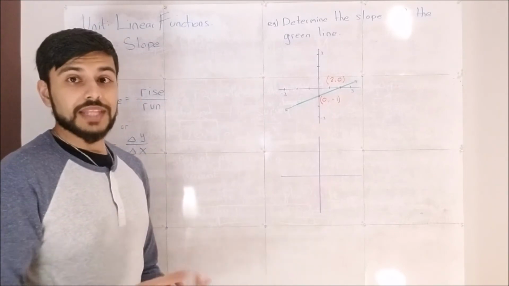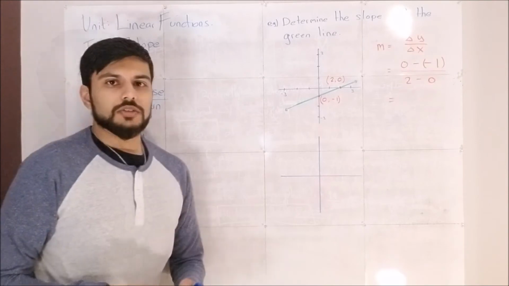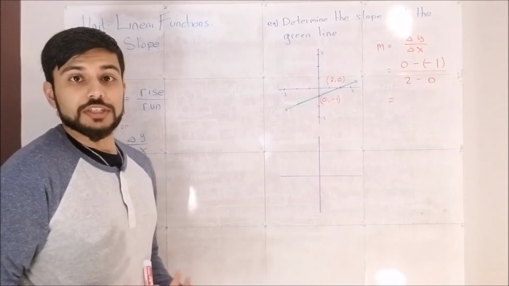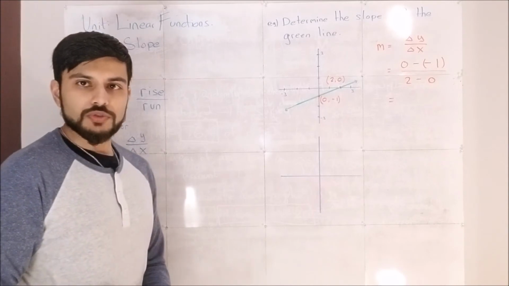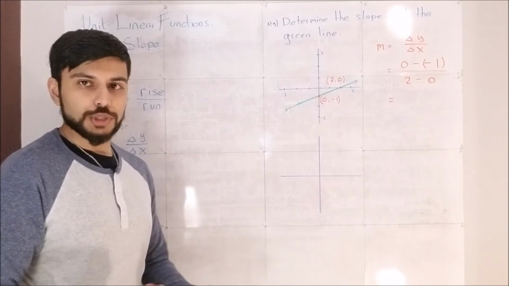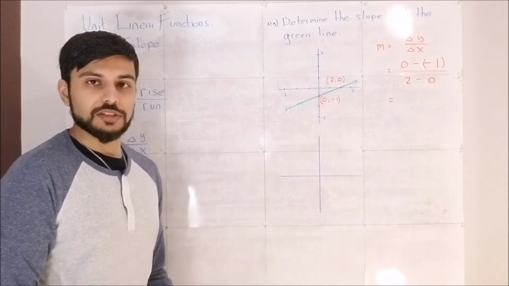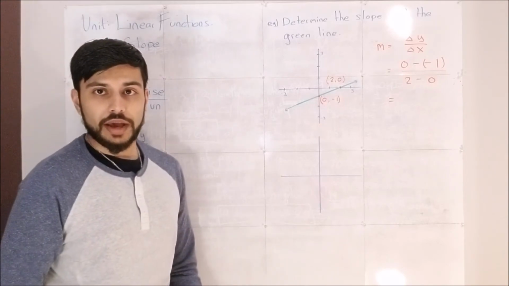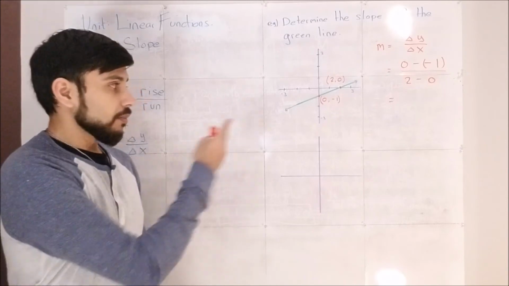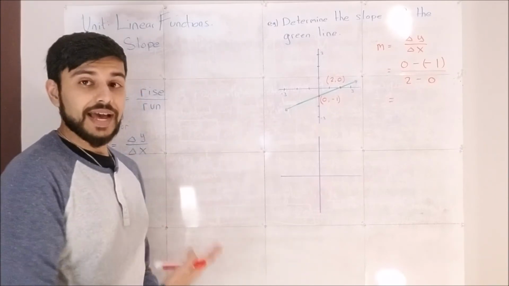Why is that important? Well, now I can use my formula for slope. So here you have to understand what the phrase change in, or delta, means. You're taking 2 points, 2 values, and you're just subtracting them. When you subtract 2 values, that's how you calculate the change or the difference. So when I say change in y, I need 2 y values. Because I have 2 points, I have 2 y values.